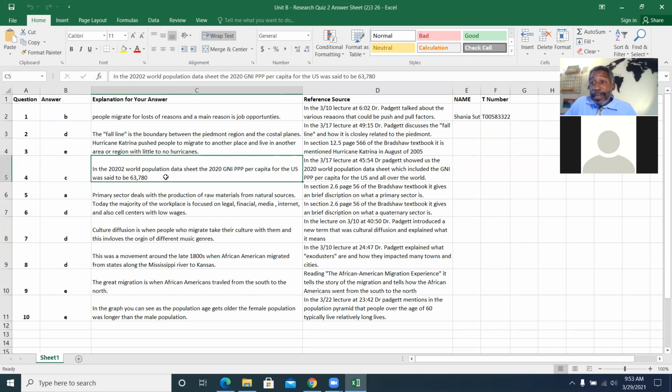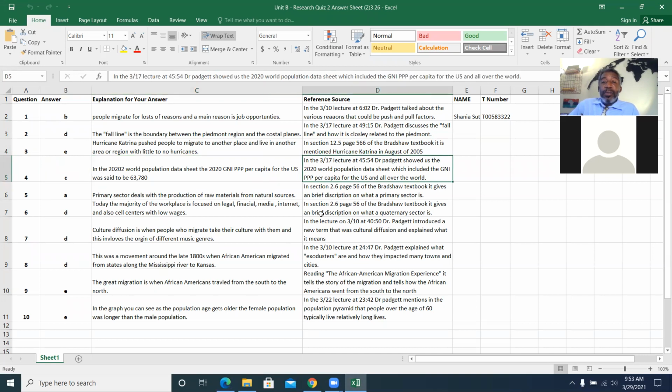No, what was in the data sheet? What were the answers? That's exactly what Sutton has here. And then in terms of a reference source, data sheet again, and also really solidifies the answer with the timestamp from the lecture. Great. Looks like Sutton's on her way to a pretty good quiz here, but we will not stop picking on her and move on to somebody else.